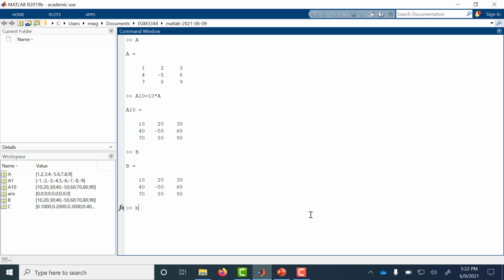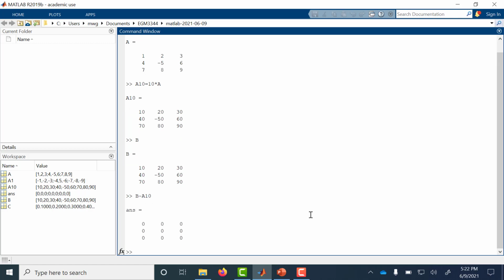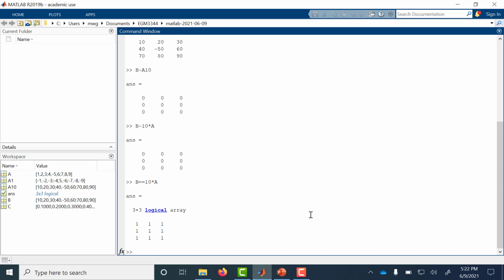I could say B minus A10 to show you. B minus 10 times A equals the 0 matrix, so that shows they're equal. I could also do the logical equal, and that gives me the 3 by 3 matrix of logical truths.